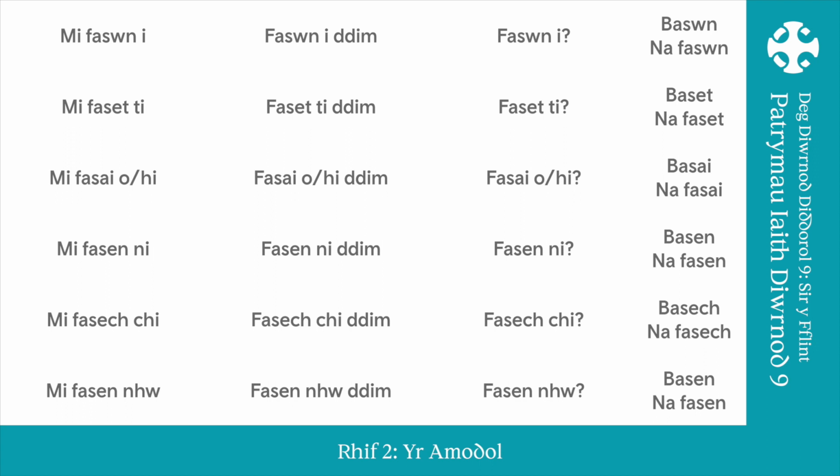Faswn i, fasa ti, fasai o, fasai hi, fasa ni, fasa chi, fasa nhw. Baswn, na faswn. Baset, na faset. Basai, na fasai. Basen, na fasen. Basech, na fasech. Basen, na fasen.